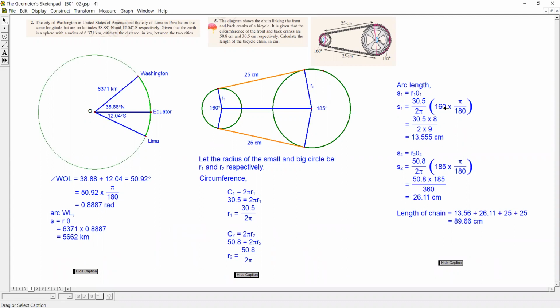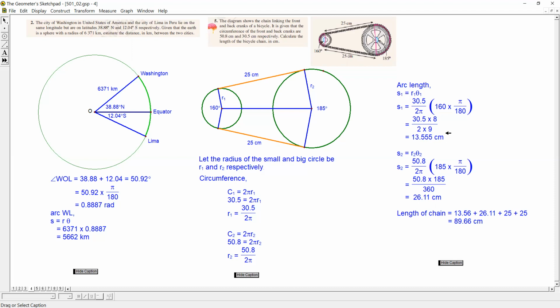Can you use 160 degrees? No, you have to convert to radian, so you multiply by pi over 180. In this way, you see that the pi and pi can cancel.